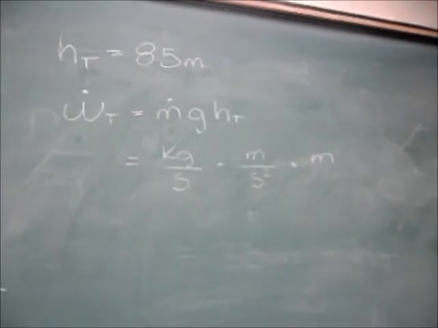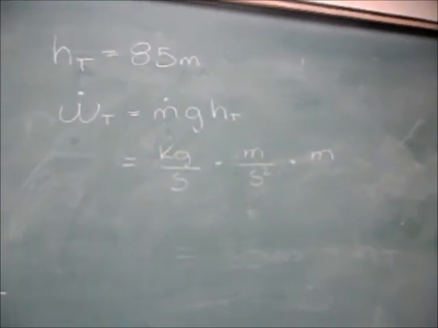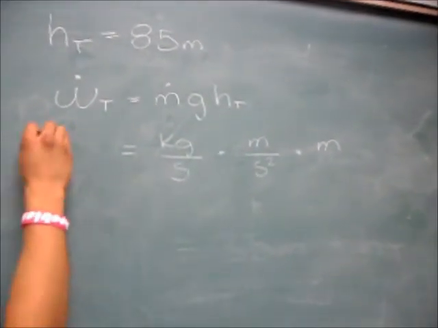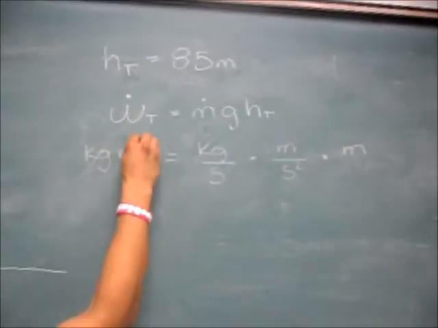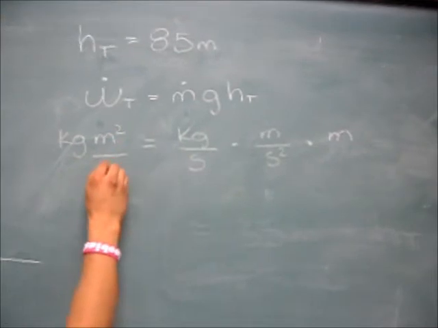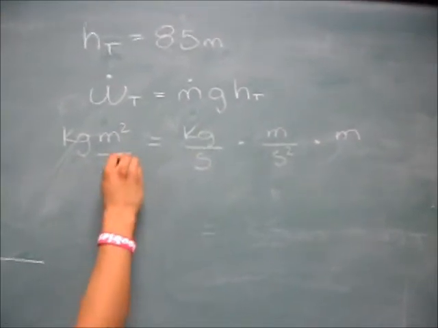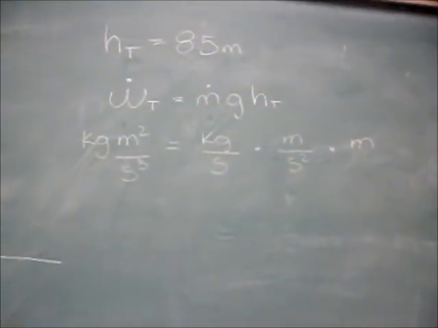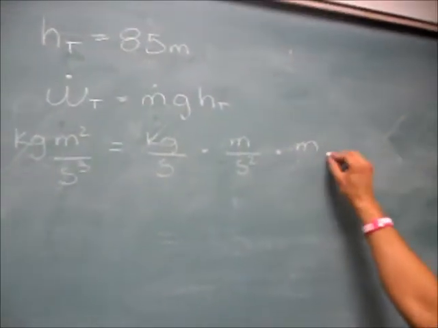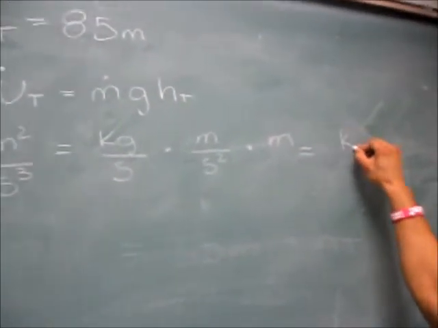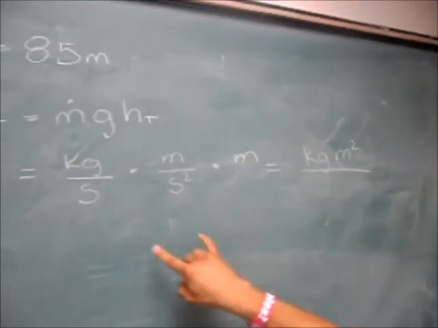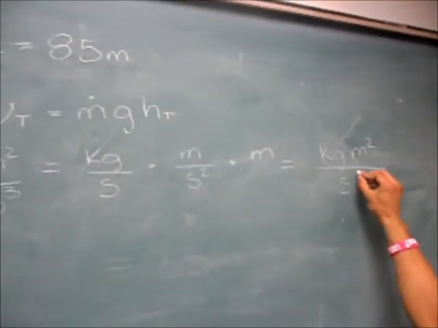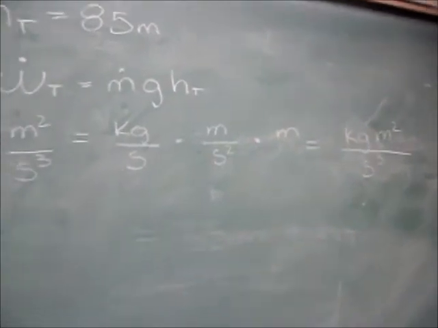We know that the work per time is kilograms meter squared over second cubed. And if we multiply this, it's going to be kilograms meters squared over seconds cubed, which is the same.